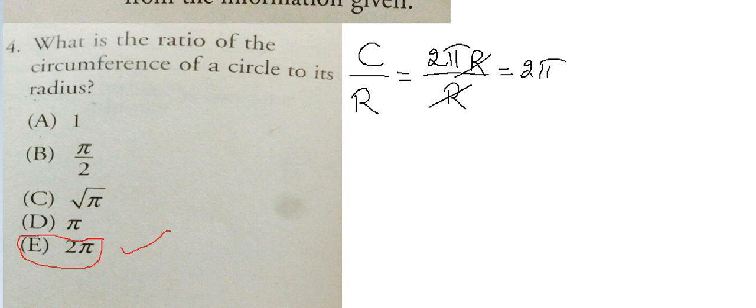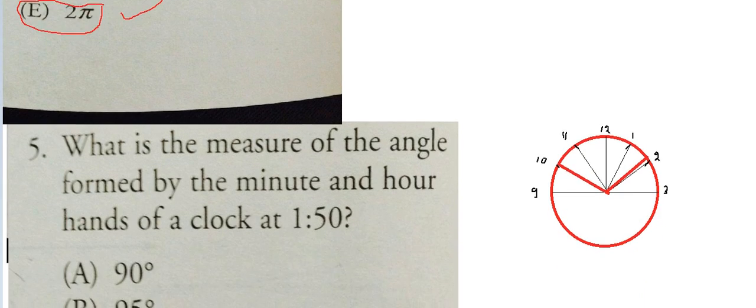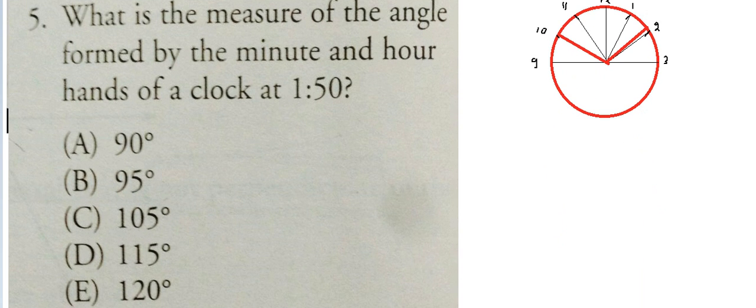Let's see exercise 4. What is the measure of the angle formed by the minute and hour hands of a clock at 1:50? I drew a circle because with such numbers it's much better to draw the clock to see it. It's 1:50, not 2, but almost 2.